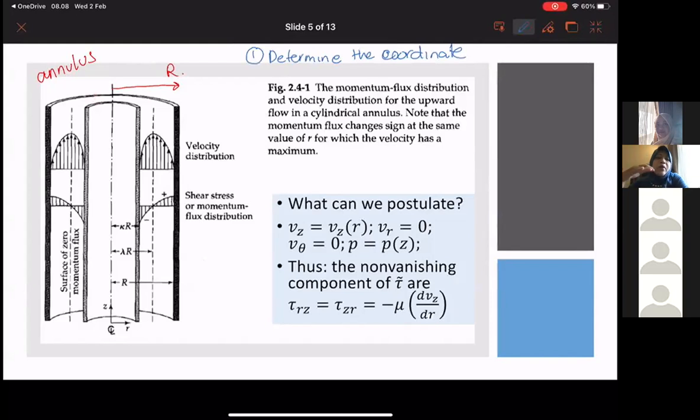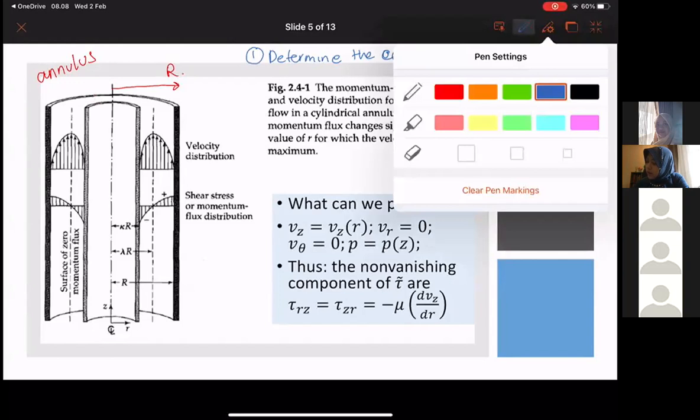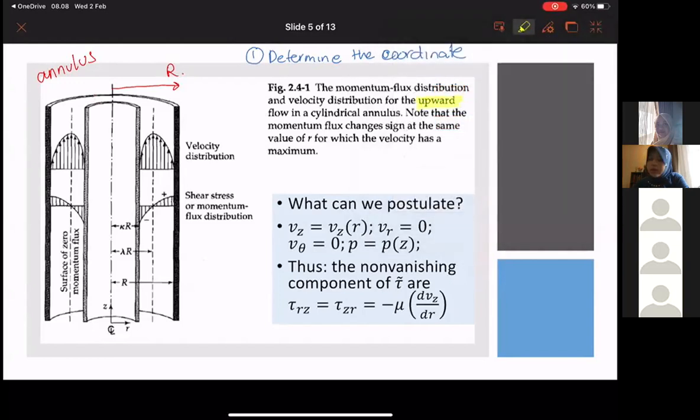Because the flow goes from down to up, the origin would be at the bottom. In the previous case, where the fluid just fell because of gravity, we could start from the top, because it was the origin of the motion.